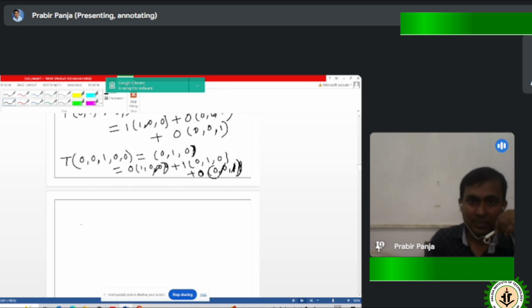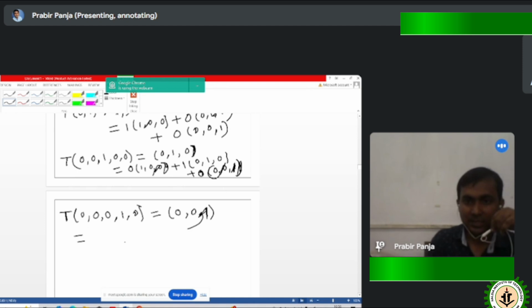Now if we take the fourth element, 0 0 0 1 0, its image will be 0 0 1 under this transformation.